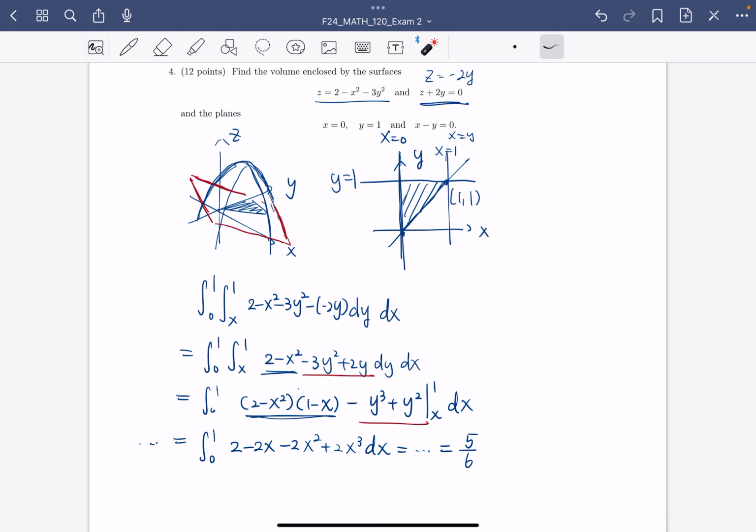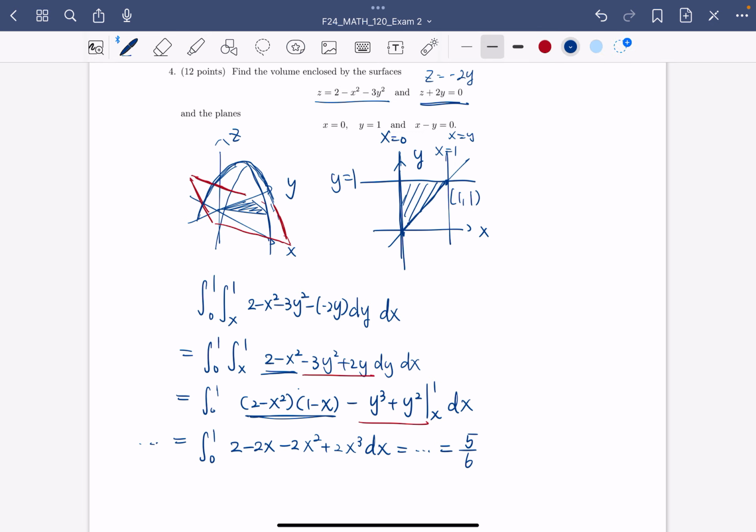So for this case it is this paraboloid, and then you take the height of this one minus the height of the other one, and then you integrate this height over the region. So this is the computation we just did.